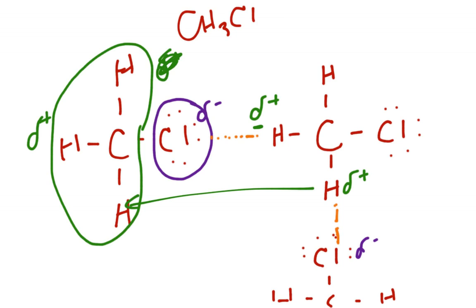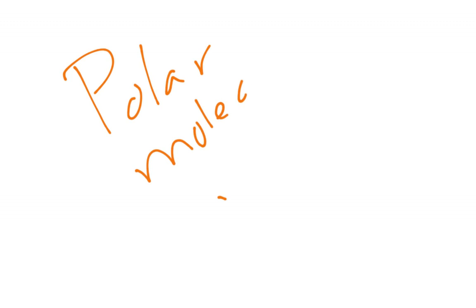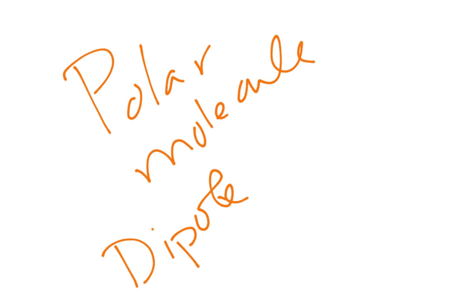Okay, and you just get a big network of these atoms that bind together and keep the molecules together. That's if I have a polar molecule. Something like that will happen, and that type of an interaction is called a dipole-dipole interaction.